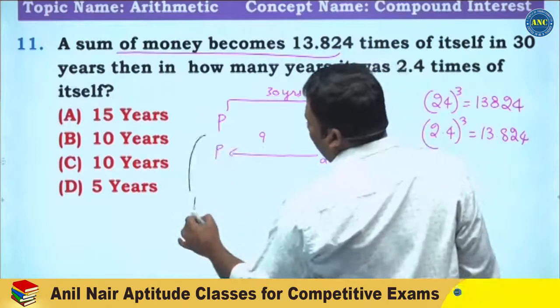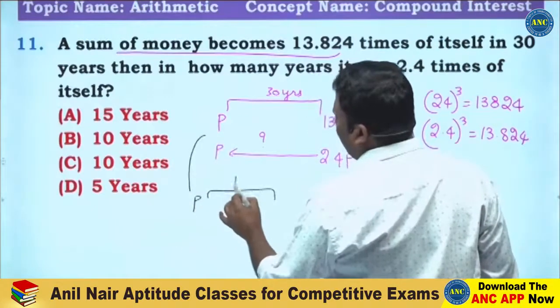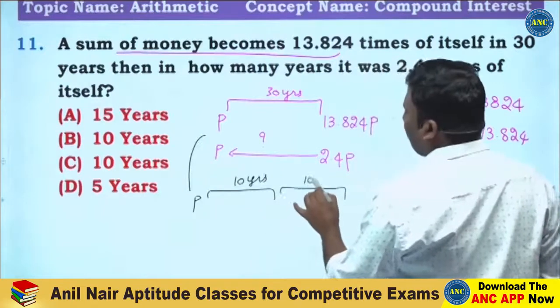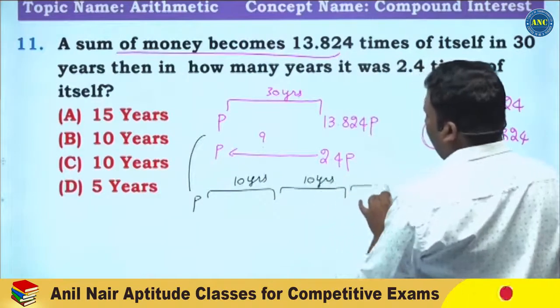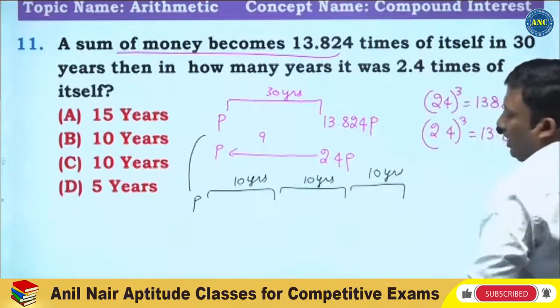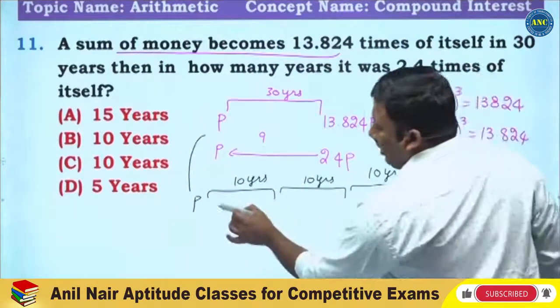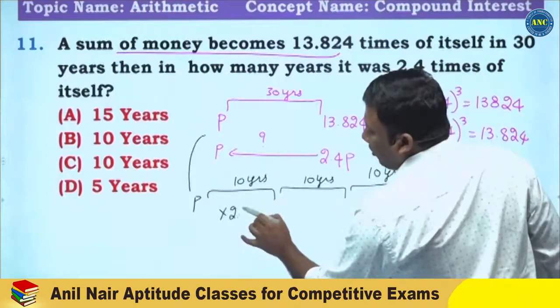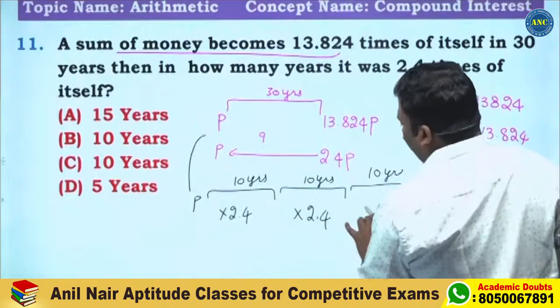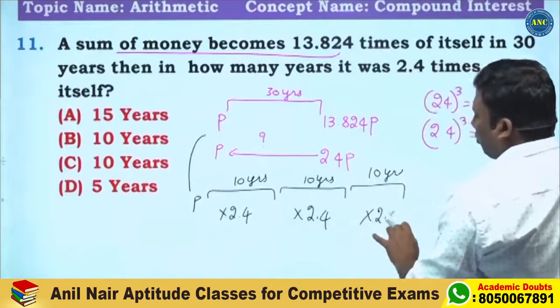That means P would have gone through 10 years, again 10 years, again 10 years, because it is 2.4 power 3. The multiplication factor would have been 2.4 in each period.